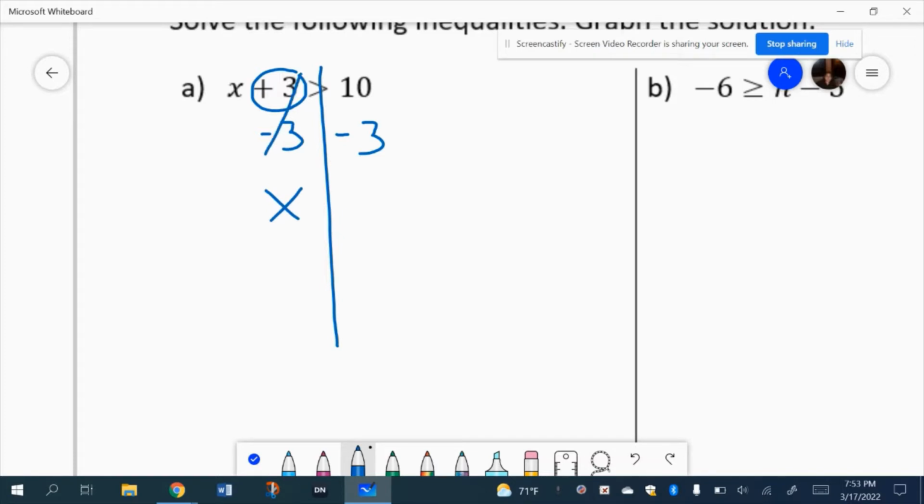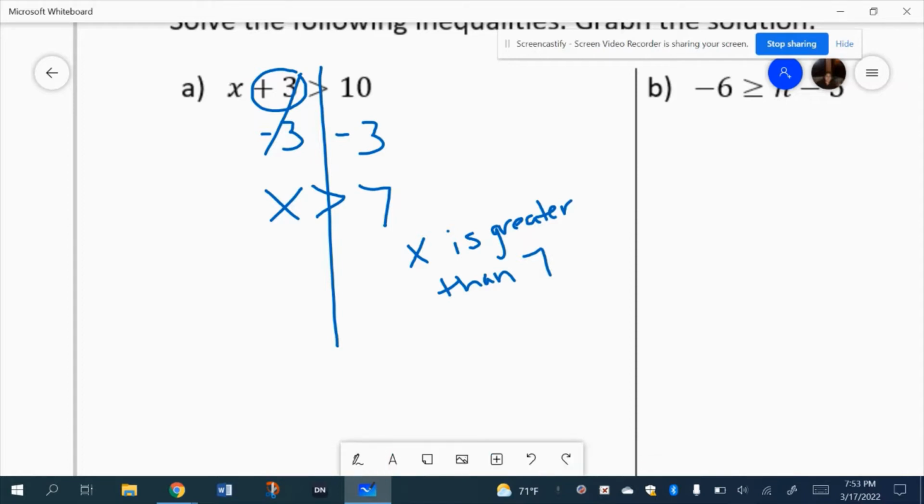I am left with x on that side, and 10 minus 3 is 7. Now, instead of bringing down an equal sign, I bring down that greater than symbol. So this means x is greater than 7. So any number bigger than 7 is in our solution.